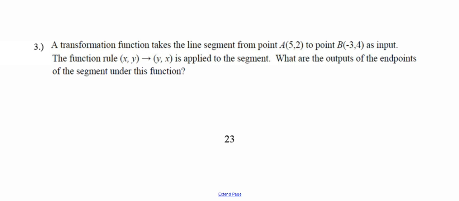It says a transformation function will take the line segment with endpoints A and B as an input. The function rule is going to be applied to that segment. What are the outputs of the endpoints? So in other words, they only want the outputs of the endpoints. They want to know the coordinates of A prime and B prime under that rule that's applied to the line segment.